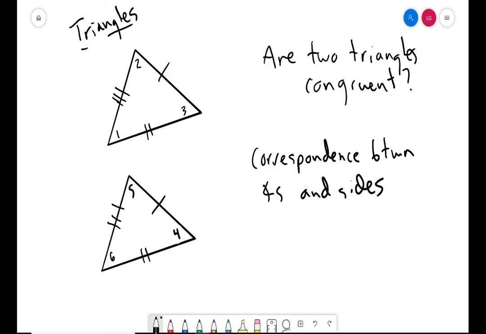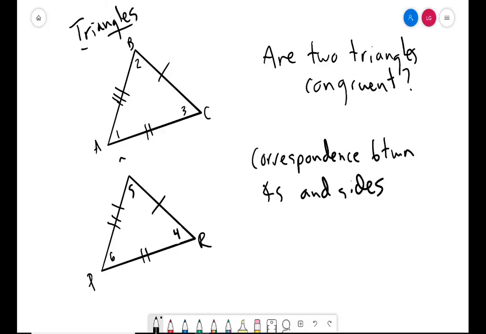We know that it's 6 because it's a copy. Angle 2 is equal to 5. Angle 3 is equal to 4. And these sides, this may be the right time to label this A, B, and C, P, Q, and R. The sides are also equal.